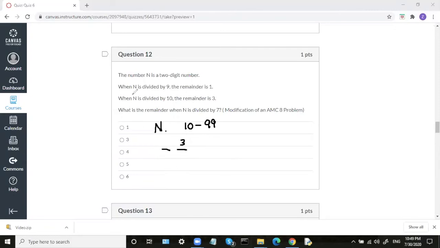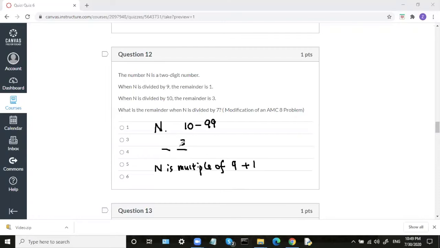When n is divided by 9, the remainder is 1. So that means n is a multiple of 9 plus 1.